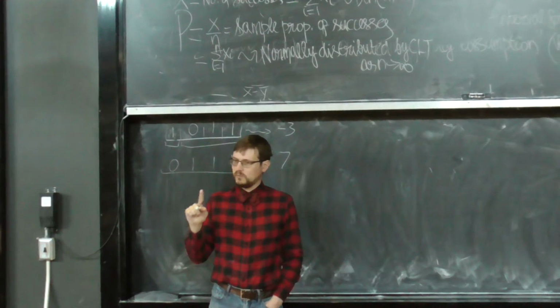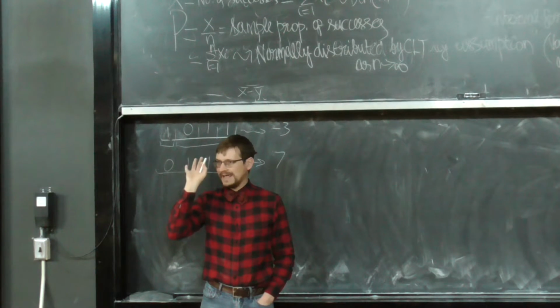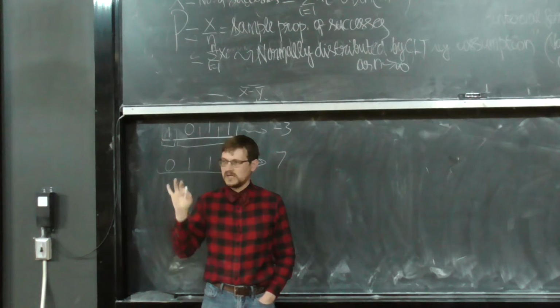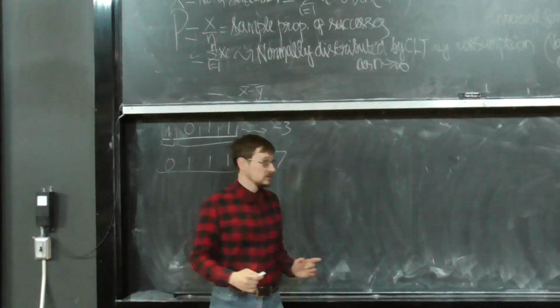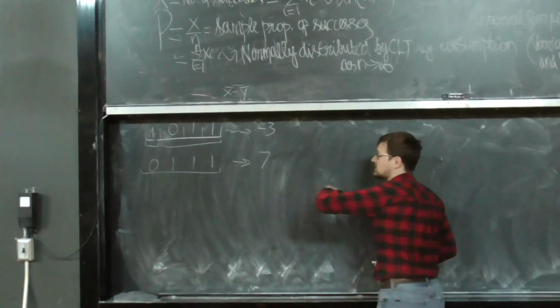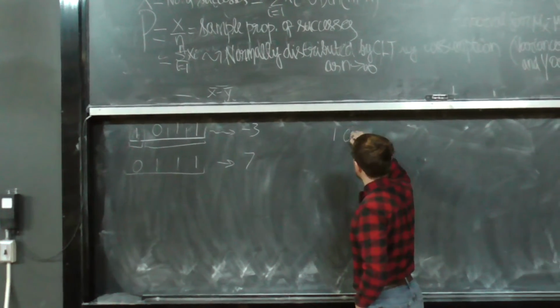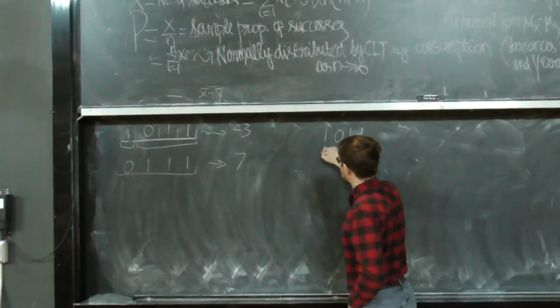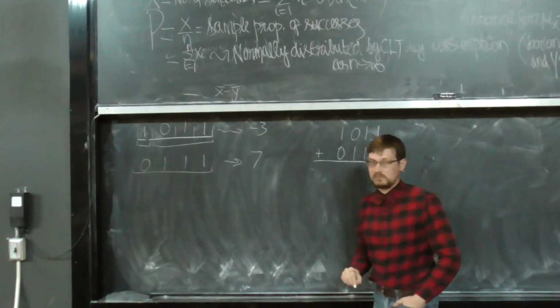Now remember, what we wanted to do is have it such that we could add negative numbers to positive numbers and have the result just work, right? So let's attempt binary addition over these two numbers, right? So 1, 0, 1, 1 and 0, 1, 1, 1, and we're going to add these and see what we get.